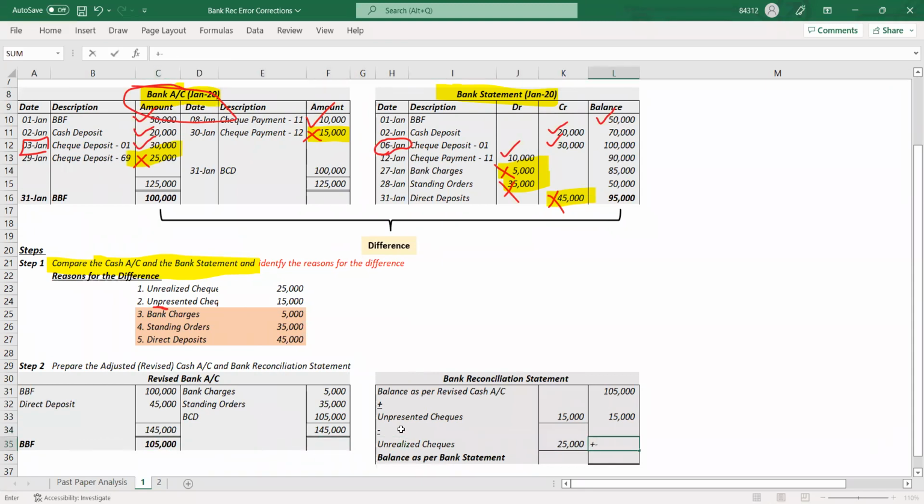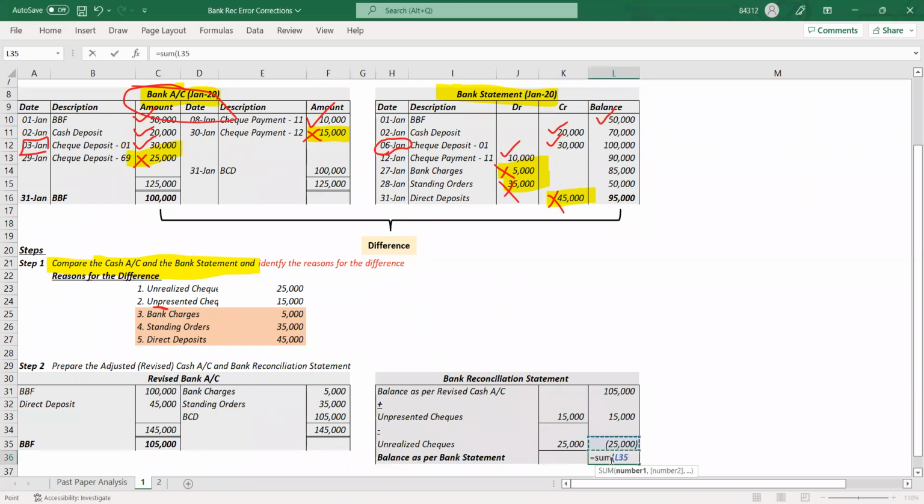Right, what is the balance? Yes, correct. It's 95,000.